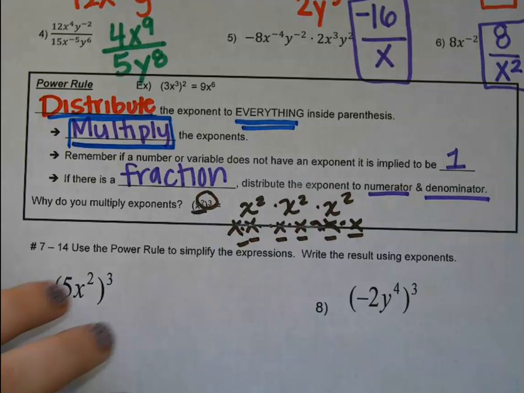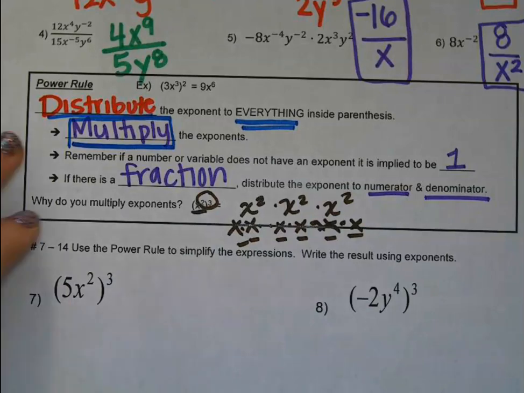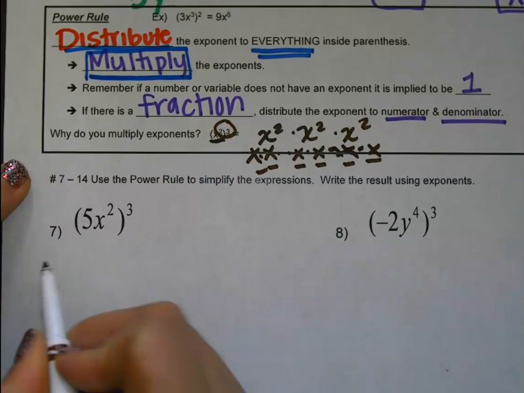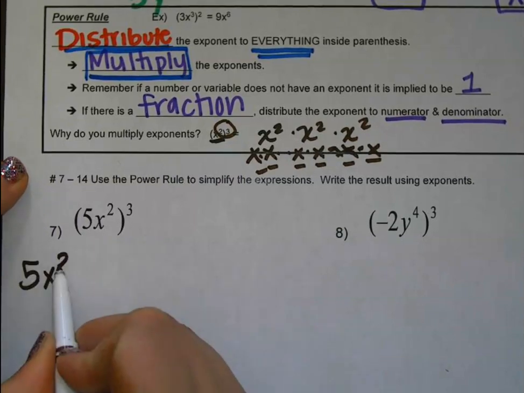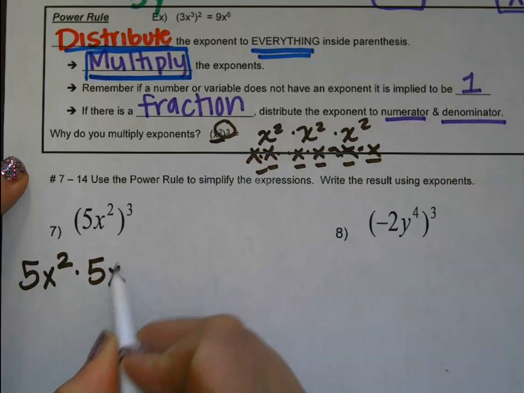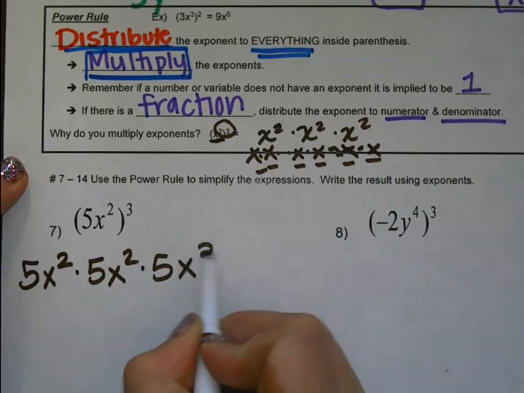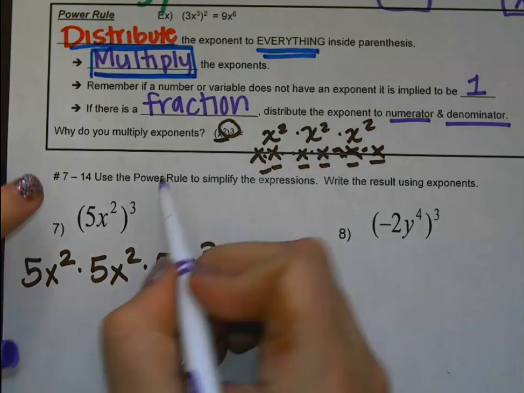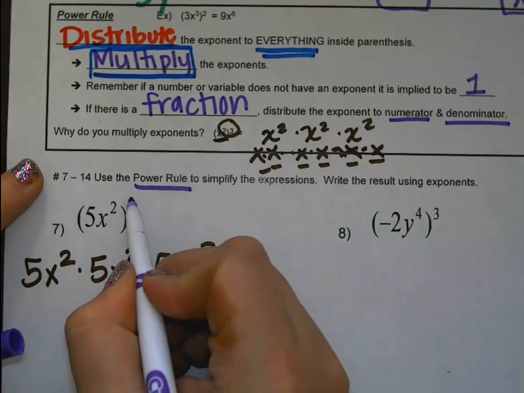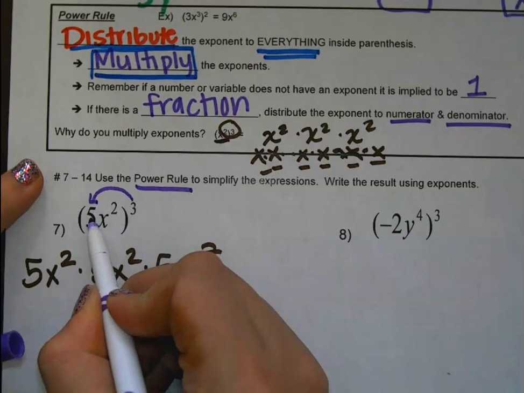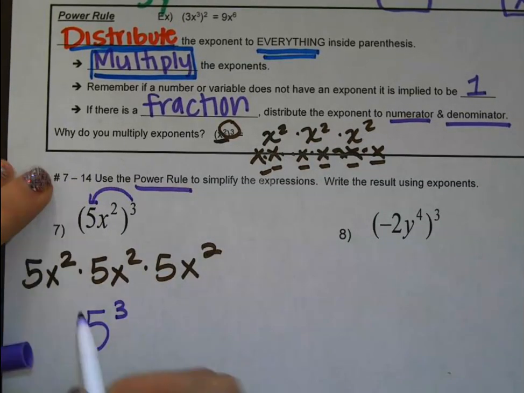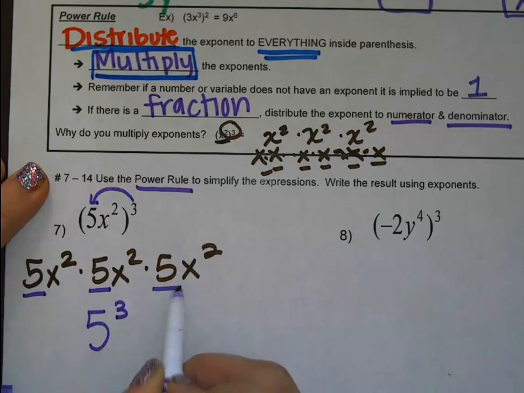All right, so now we're ready to use this rule. When we look at this problem, we could do it the long way. We could do 5x squared times 5x squared times 5x squared. Or instead of doing it that way, we could apply the power rule, which says I could distribute the 3 to the 5, so that would look like this, 5 cubed. Now this is what 5 cubed means the long way.